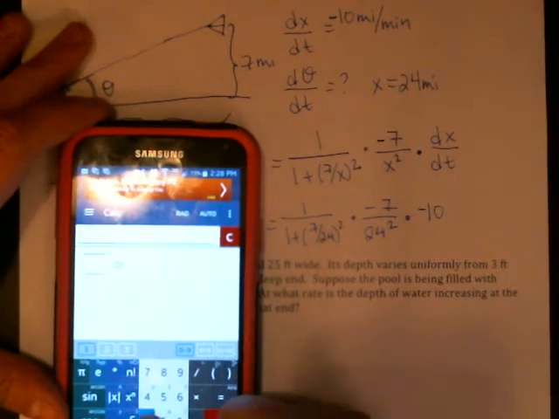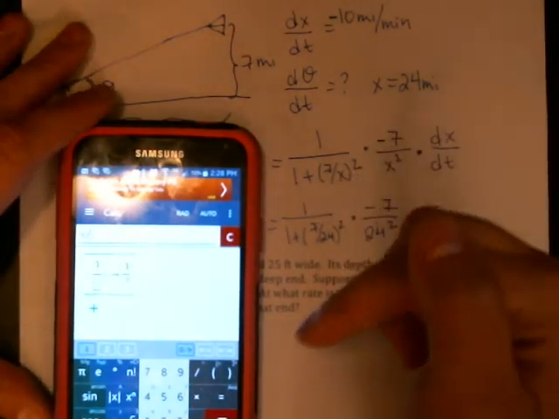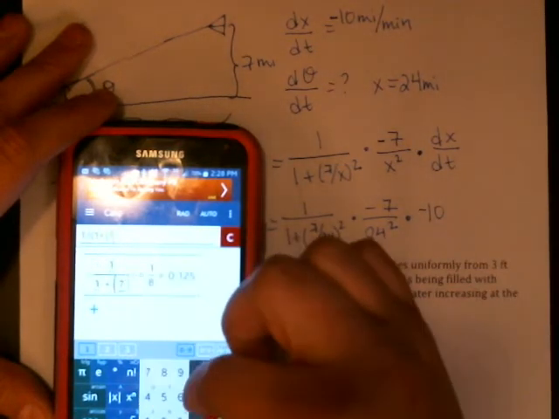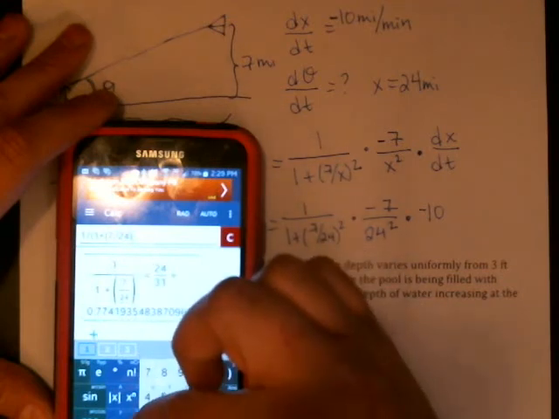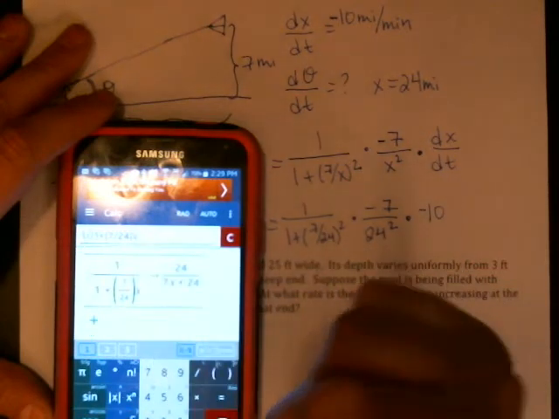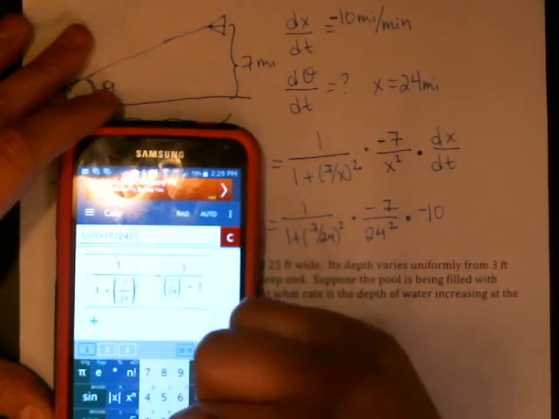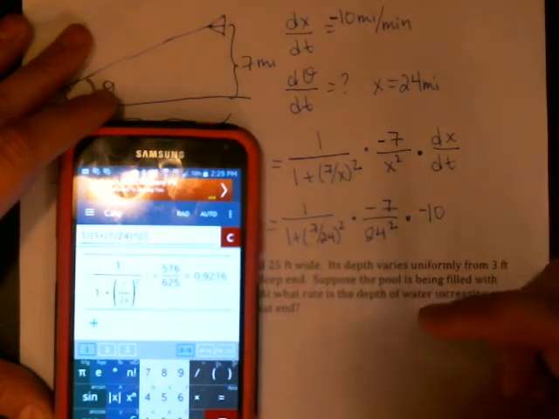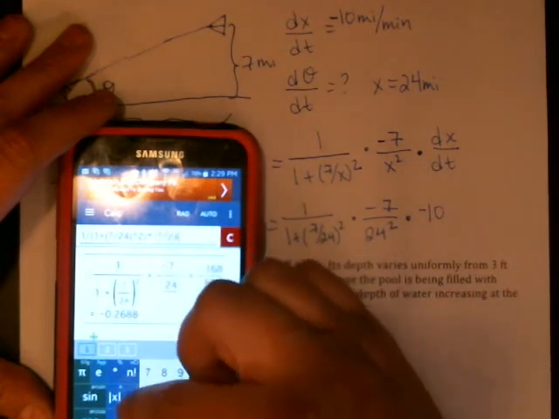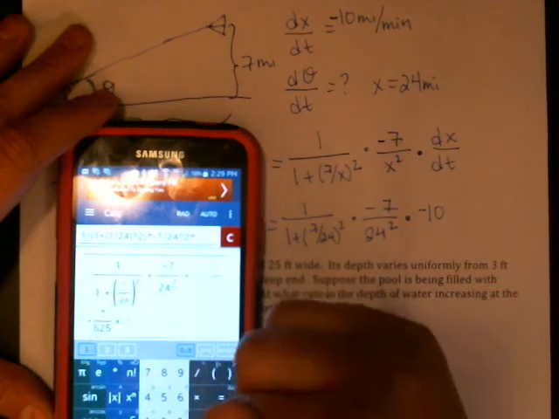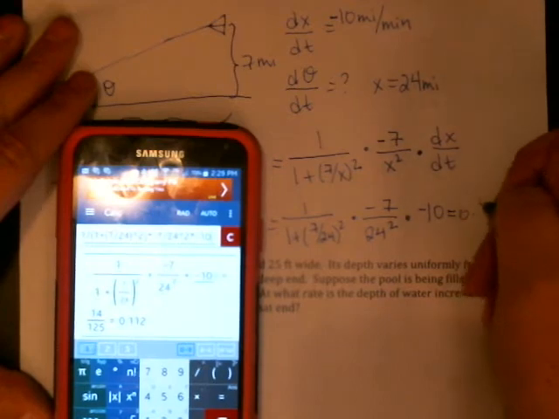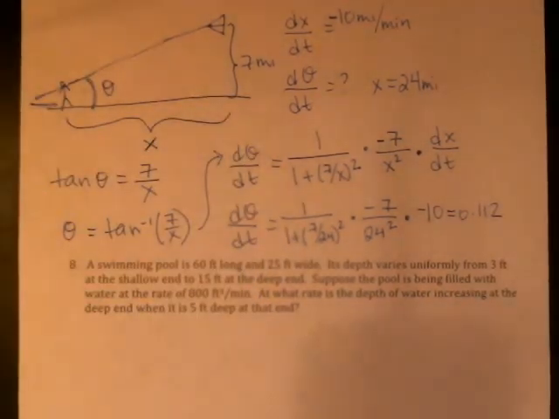But we have 1 over 1 plus (7 over 24) squared, times negative 7 over 24 squared, times negative 10. Okay, so I get 0.112.